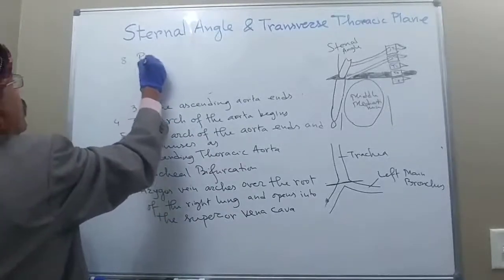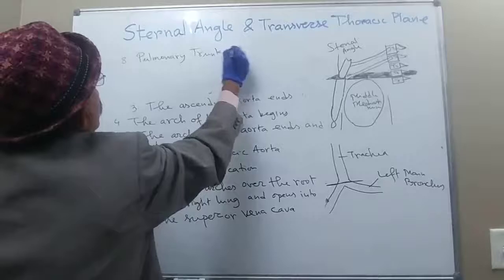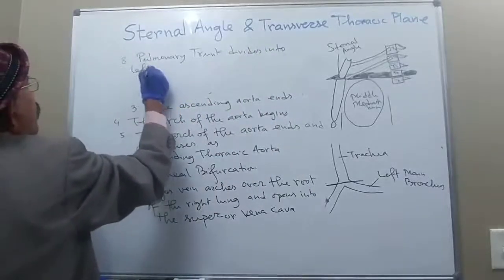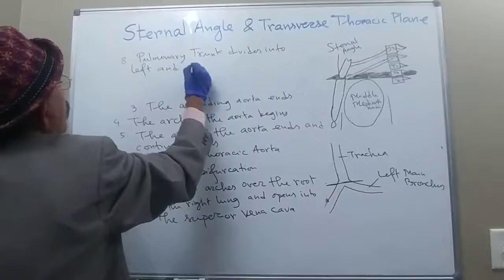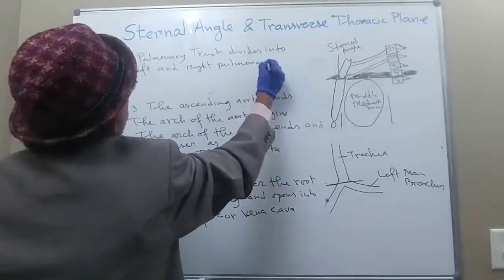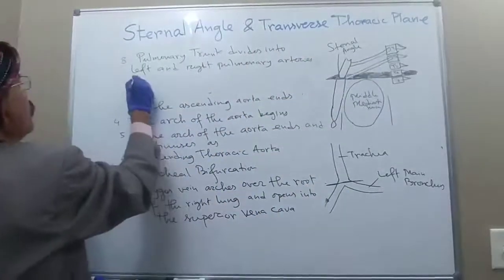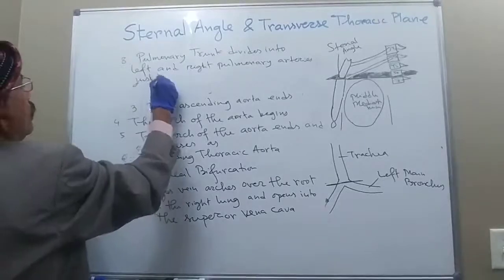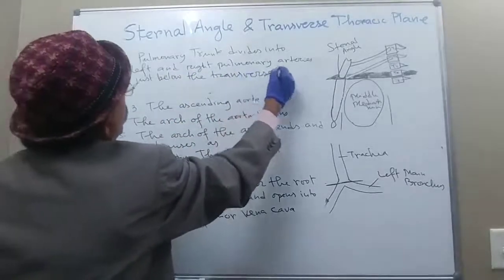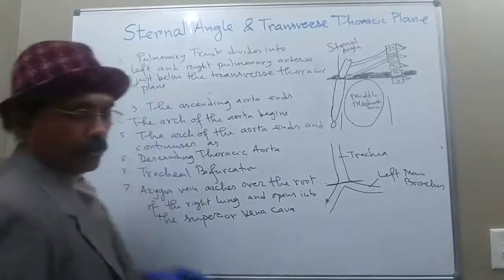Okay, the pulmonary trunk divides into left and right pulmonary arteries just below this plane, just below the transverse thoracic plane. Okay, so we got that.